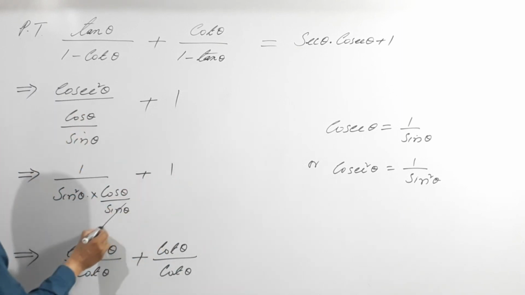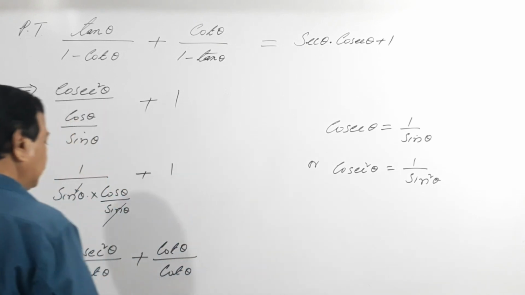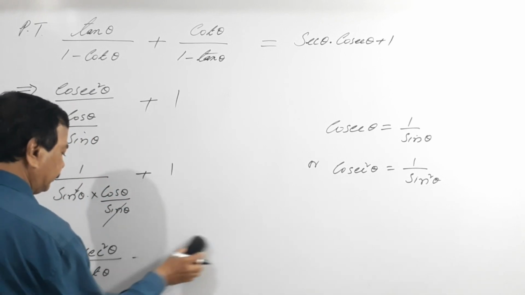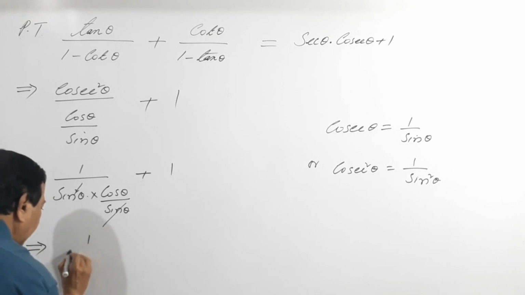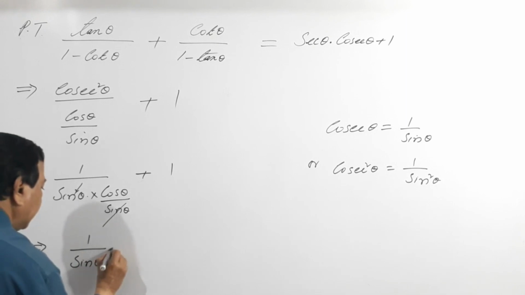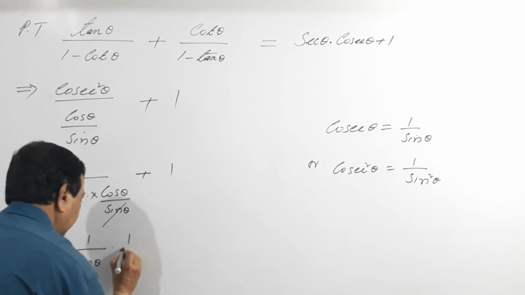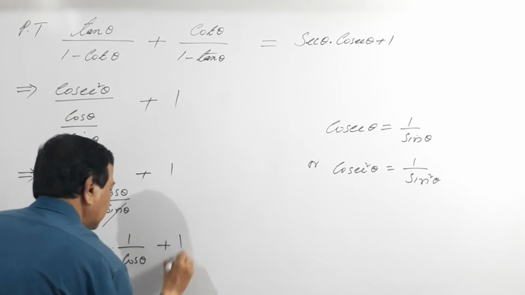So here sin theta, one sin cancels, isn't it? So you are left with what? One by sin theta into 1 by cos theta plus 1, correct?